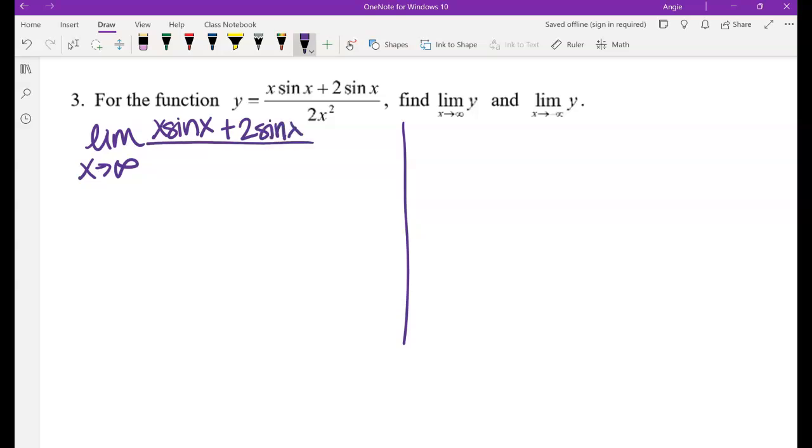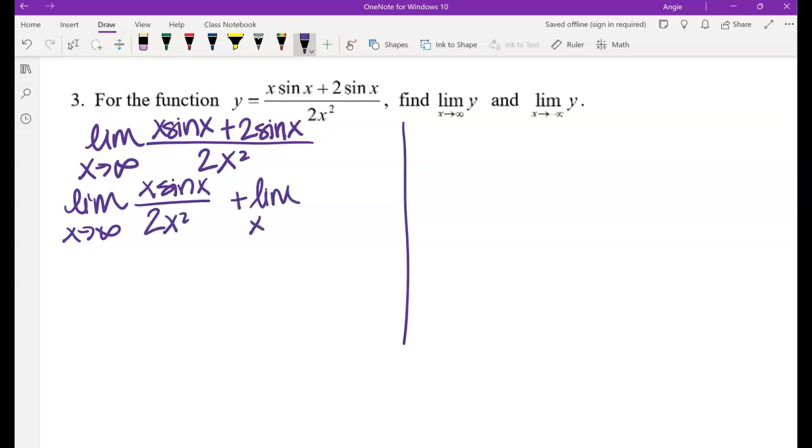Looks like we have a monomial in the denominator, so we're definitely going to break it up. First step, break up into 2 fractions. So limit as x approaches infinity of x times sine of x divided by 2x squared plus limit as x approaches infinity of 2 times sine of x all over 2x squared.